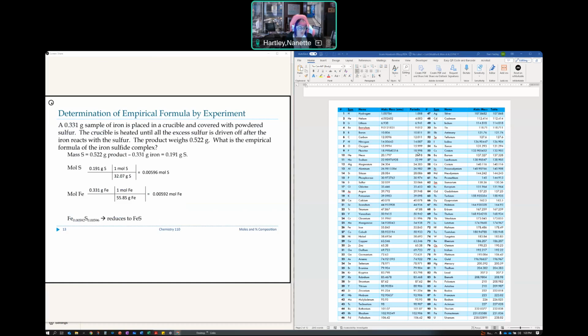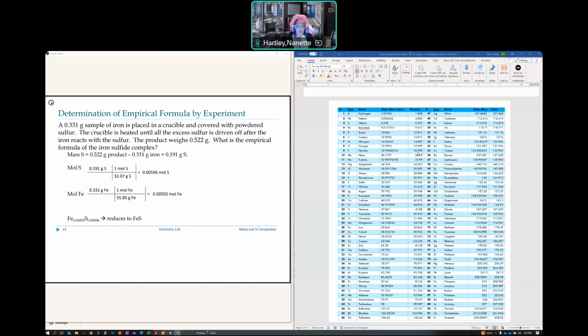Well, the mass of the sulfur is the 0.552 grams of the product minus the 0.331 grams of iron. And that gives us 0.191 grams of sulfur that were incorporated into that compound. That 0.191 grams of sulfur we convert to moles by dividing by the molecular weight and get 0.00596 moles of sulfur.